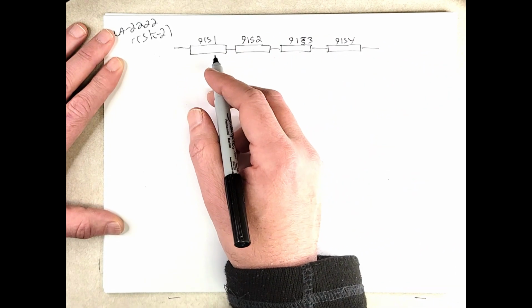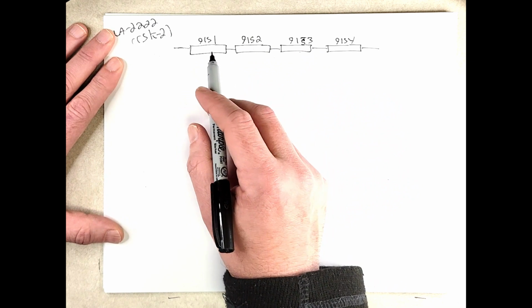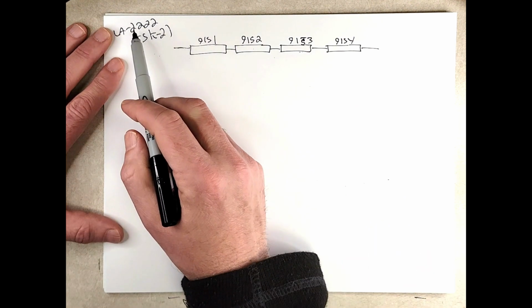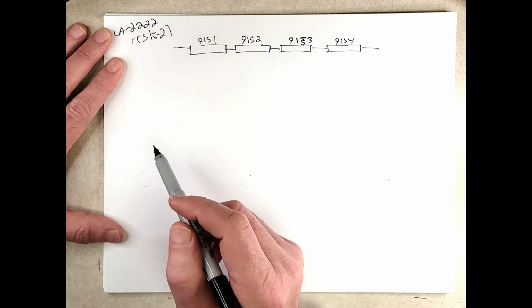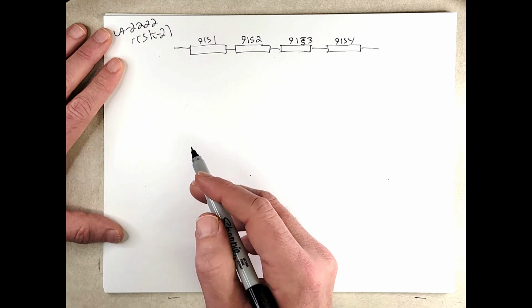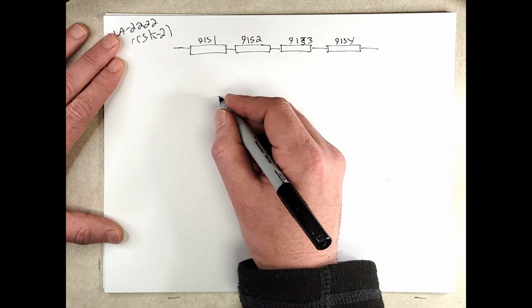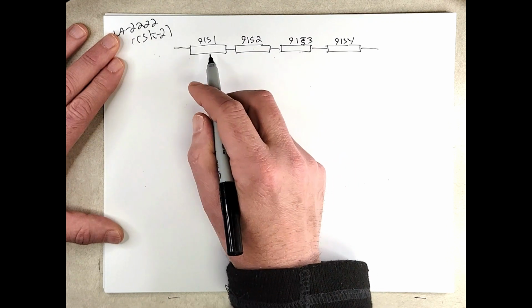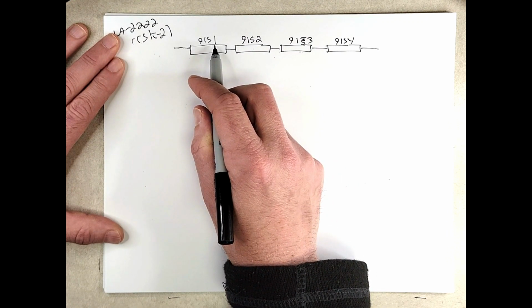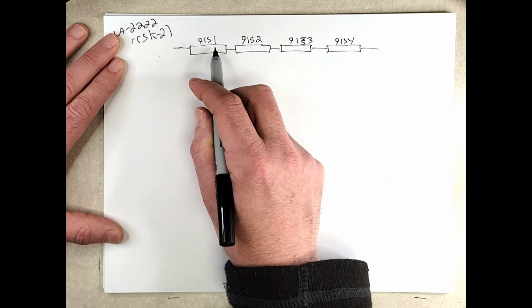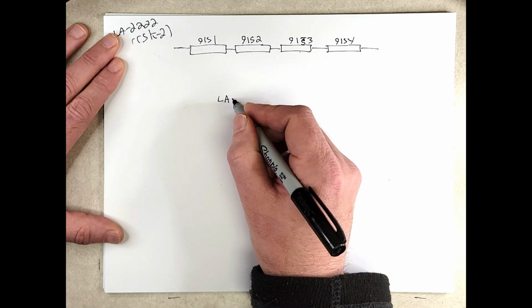And essentially what Hammond et al. did was they deleted these genes one at a time from the LA2222 strain. And what they were able to show, with a series of crosses, is that only when 9151 is deleted does the strain lose the ability to resist spore killing.